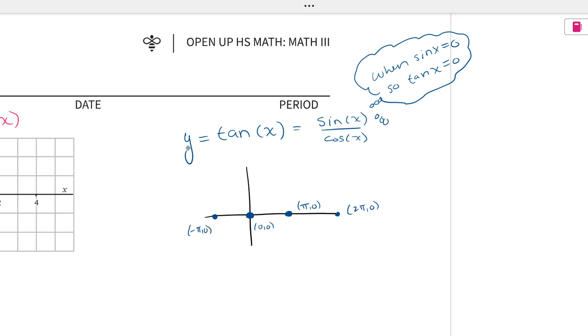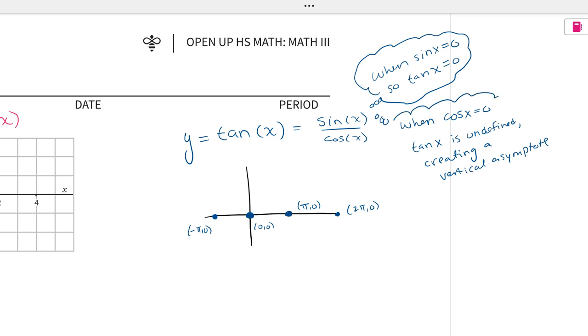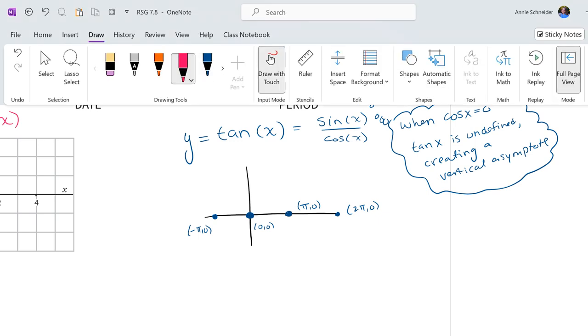And let's think of it this way. When cosine of x equals 0, tan of x is undefined, creating a vertical asymptote. That's because cosine of x is in the bottom of our fraction, so we can't have 0 in the bottom.